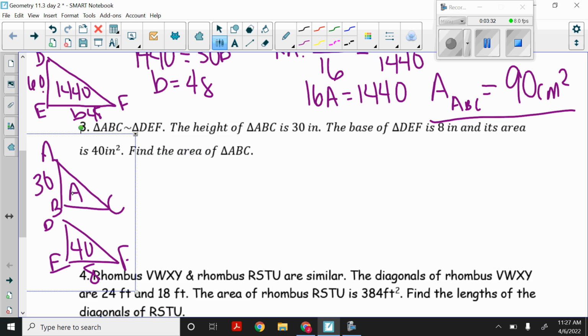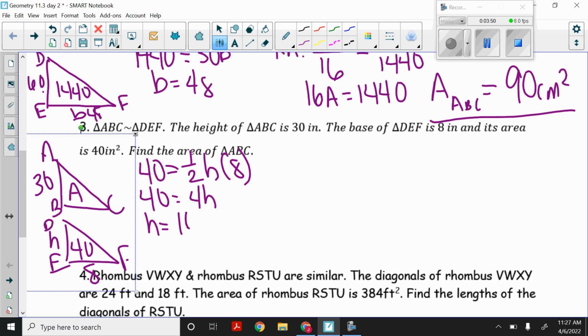Again, I don't have corresponding sides, so I need to find the height of triangle DEF. So my area, 40, equals 1/2 the height that I'm looking for times the base. So I get 40 equals 4h, so my height is 10.